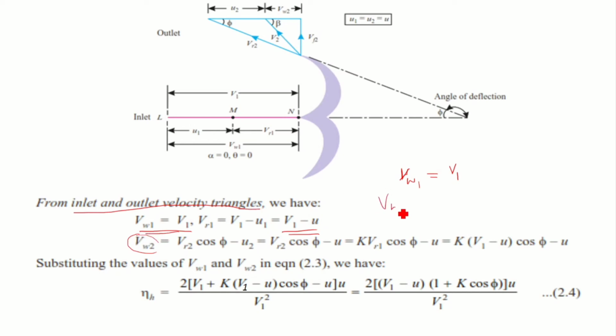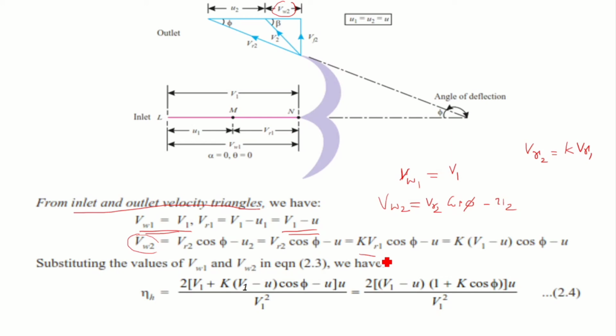So Vw2, how will you obtain Vw2? Vw2 is equal to Vr2 cos phi minus u2. We know that Vr2 is equal to K into Vr1.